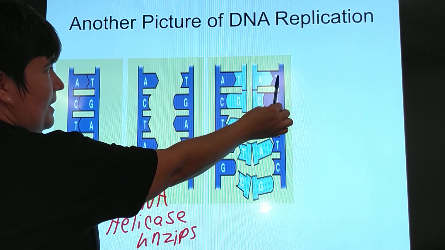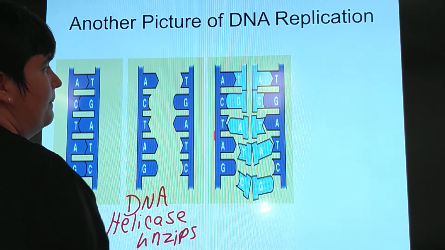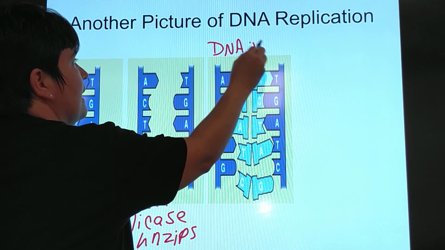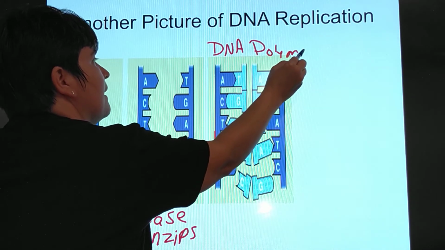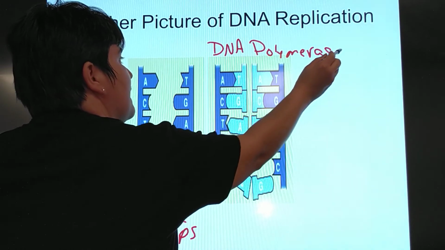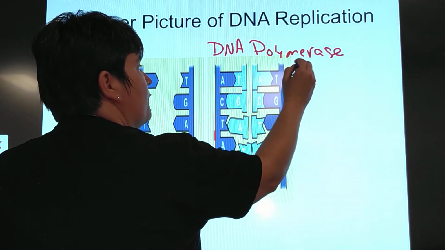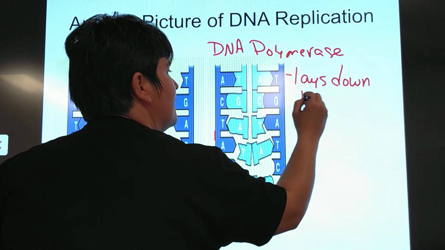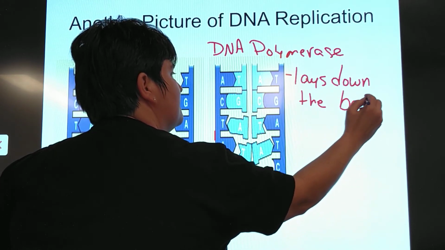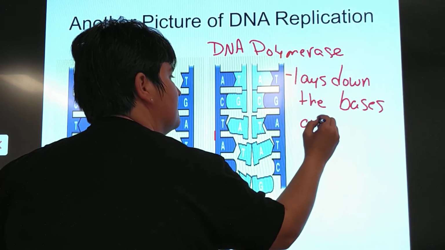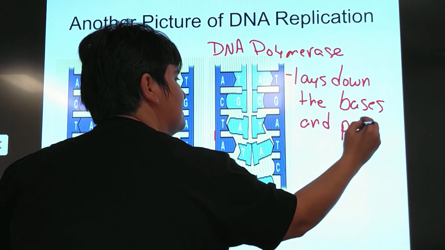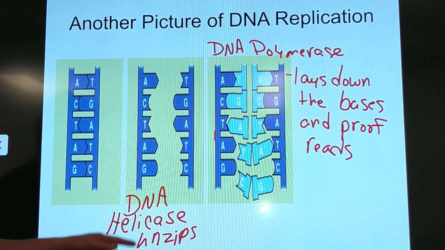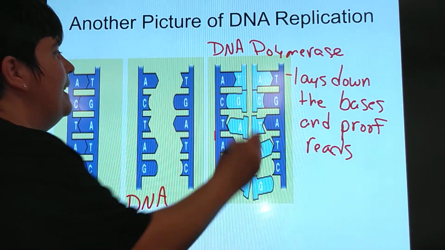This was our first A and our first T, and we added these on, so now we have two complete ones. DNA polymerase lays down the bases and proofreads.